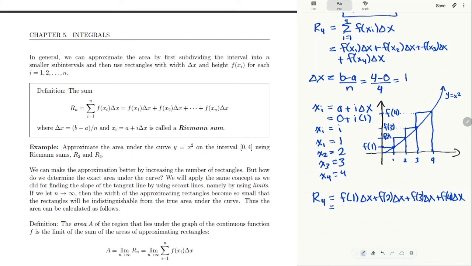So this is 1 squared times 1 plus 2 squared times 1 plus 3 squared times 1 plus 4 squared times 1. So this is 1 plus 4 plus 9 plus 16, which gives us 30 units squared.